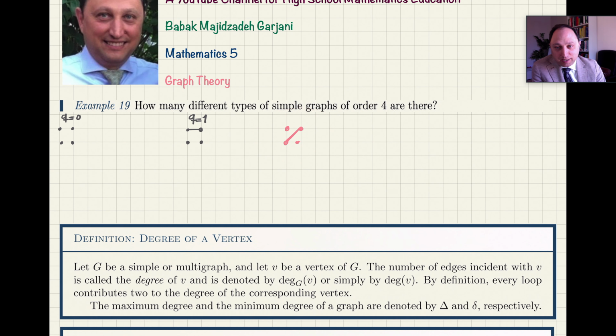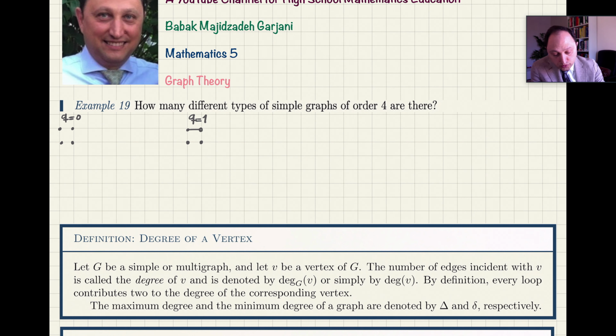Okay, so let us go one by one. Everybody agrees that if I want to keep up to isomorphic graphs, there is only one type of simple graph with 4 vertices and 1 edge. If you doubt it, please ask me. But there is only one.